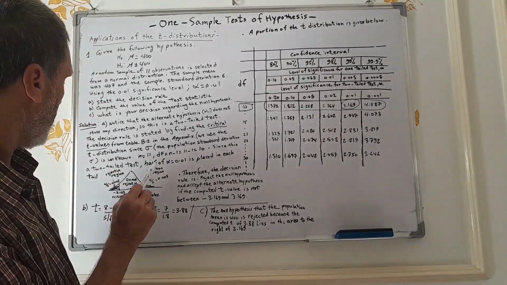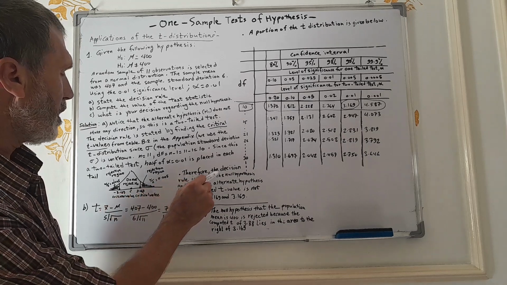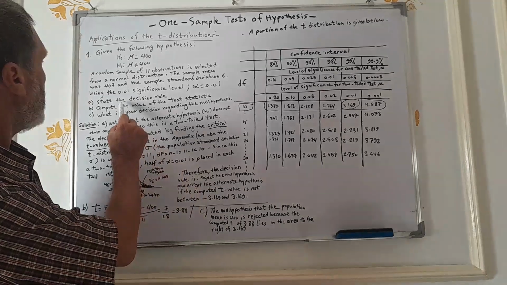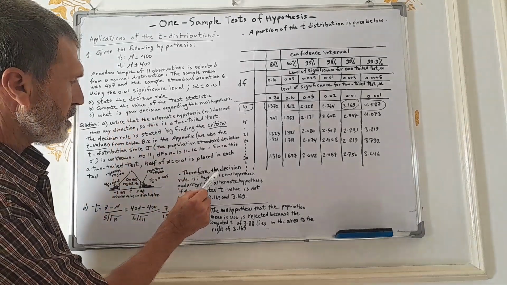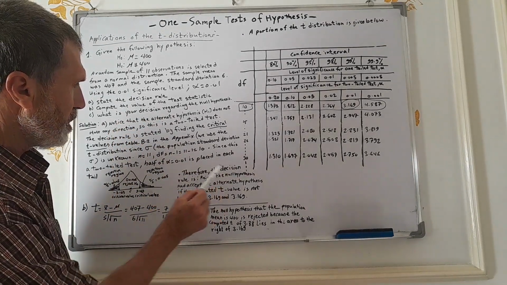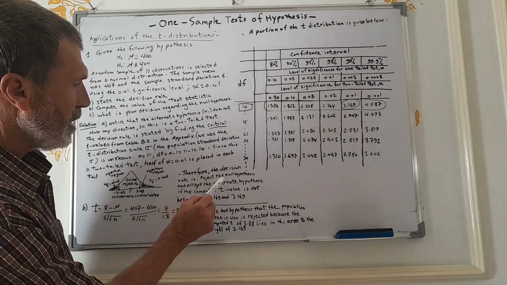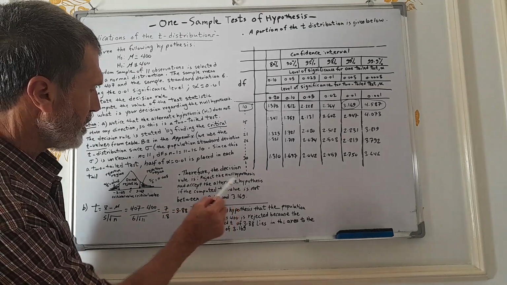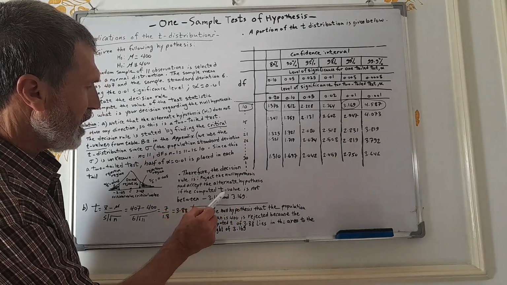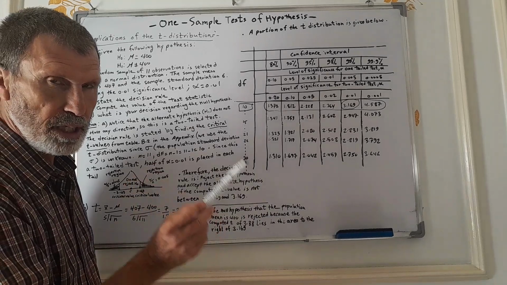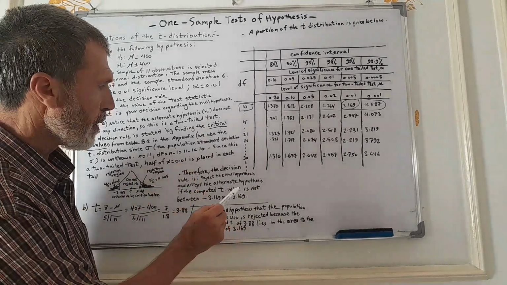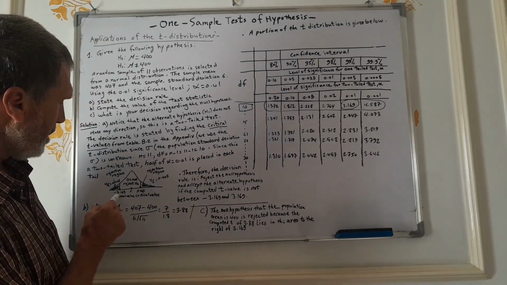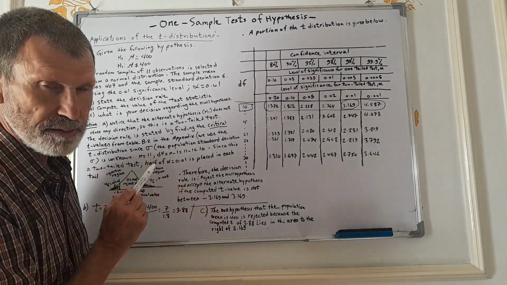Now, of course, as we see, the decision rule is to reject. This is, he said, state the decision rule. Therefore, the decision rule is reject the null hypothesis and accept the alternate hypothesis if the computed T statistic value is not between minus 3.169 and 3.169.